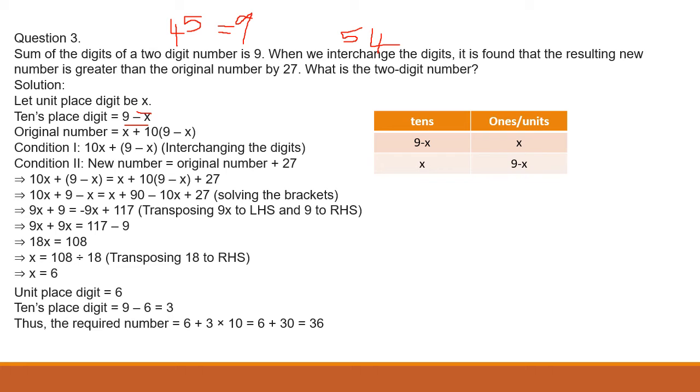If we transpose this 18 to this side, it comes to the division. So x equals 108 divided by 18. 18 ones are 18, 18 sixes are 108. So the x value becomes 6, children.